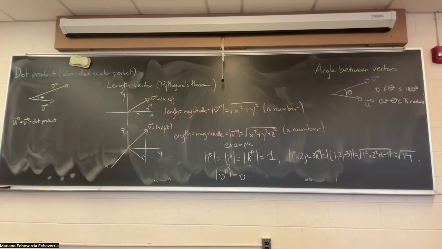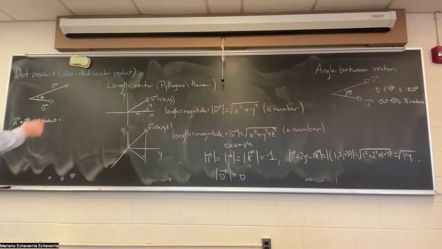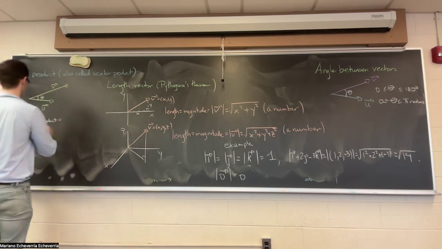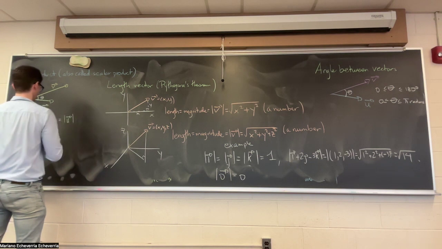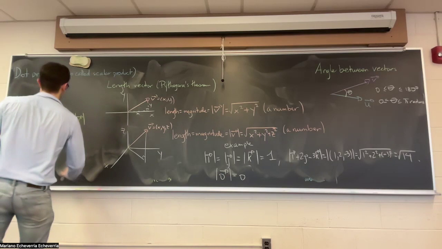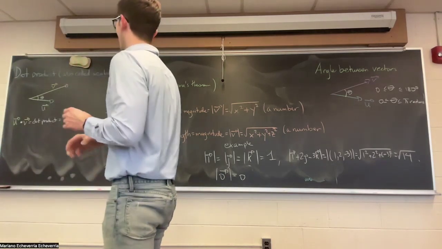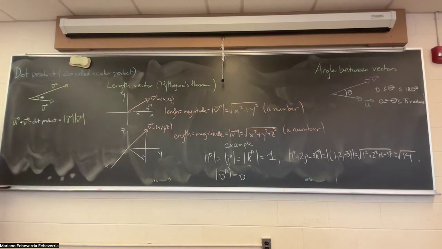And by definition, the formula is that this equals the product of the lengths of the vectors. So you find the length of u, you find the length of v, and here's the thing, and I'll explain why you do this in a second: the dot product multiplies the lengths of the vectors, but it also multiplies it times the cosine of the angle between them.